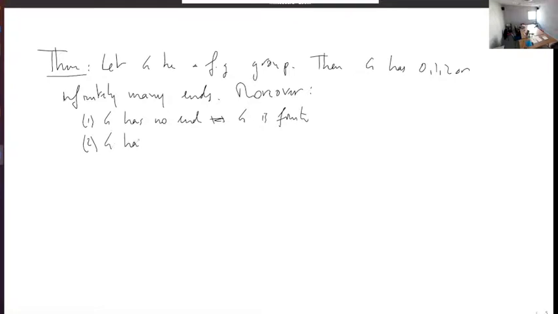G has two ends if and only if there is a finite index subgroup isomorphic to the infinite cyclic group Z.